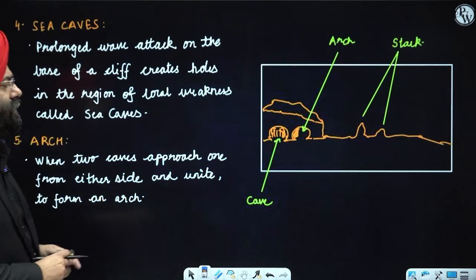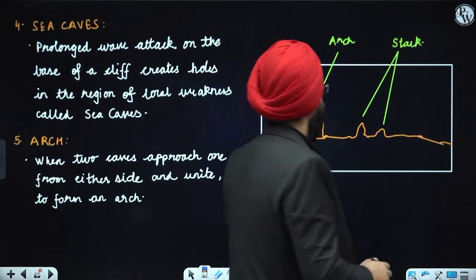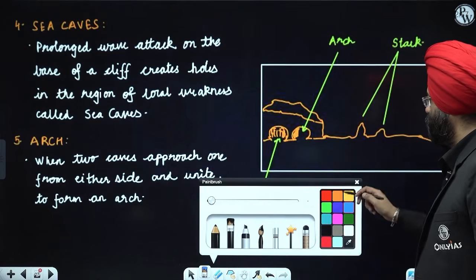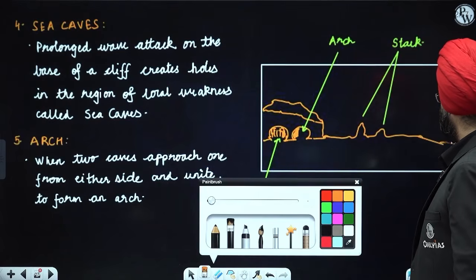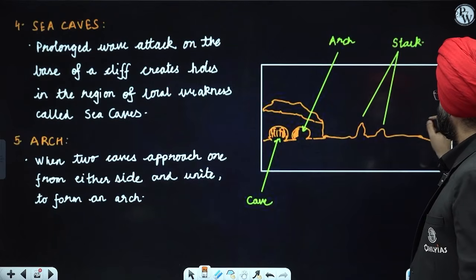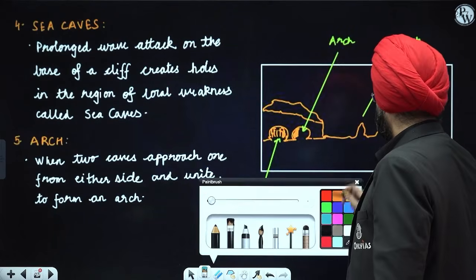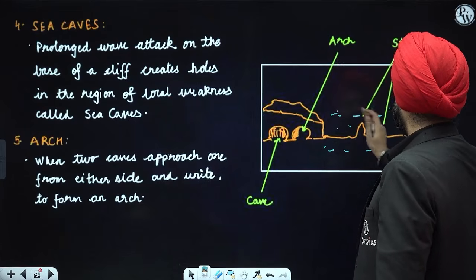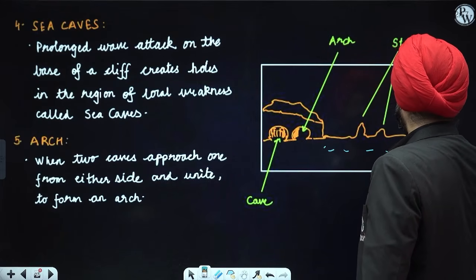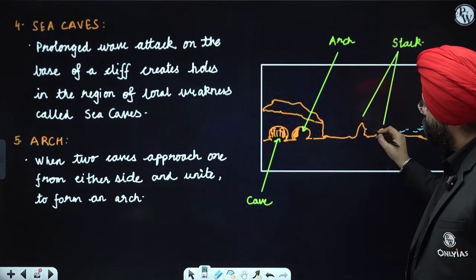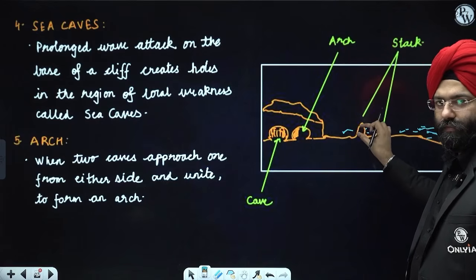Now let us assume this. See this very well. Sometimes you will see in the oceans that this structure comes out and protrudes out.